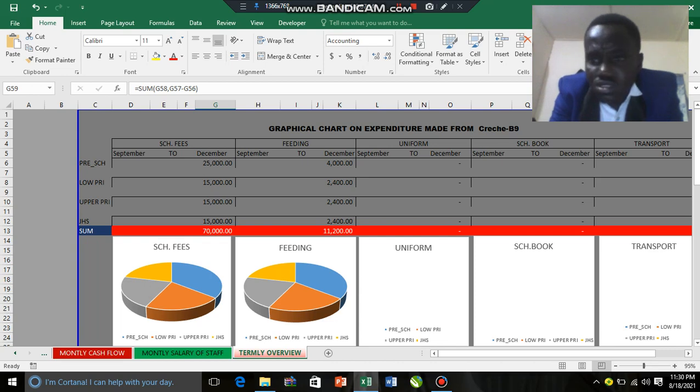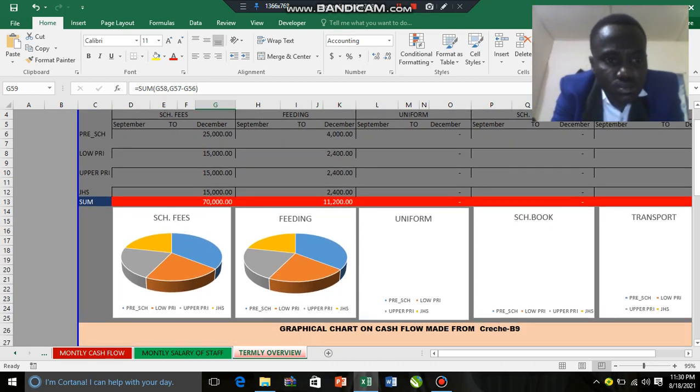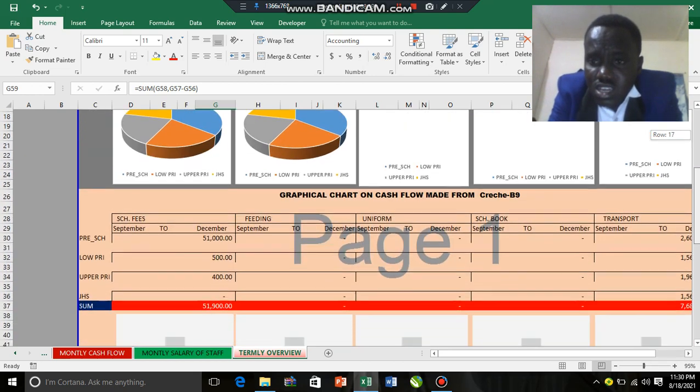So looking at this, you realize that the expenditure on school fees is higher at preschool. But let's look at your feeding. It's also higher at preschool because there's a unique color code for each department. But look over here, uniform, none is shown because there's no expenditure per class and you extract it to display.